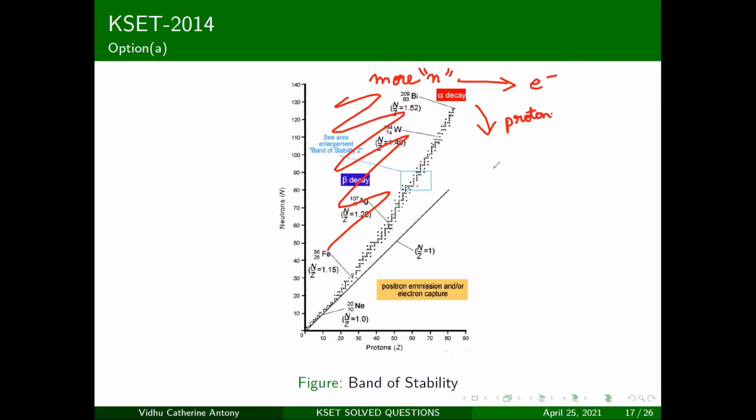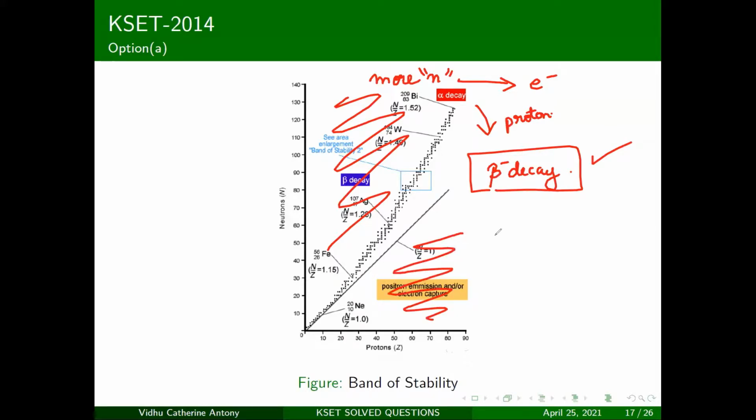So what does that basically do? That's beta minus decay, which is what's asked for in the question, and that's beta decay. Now, where the number of protons is more, it's below the band of stability, so they will try to go into the band of stability by decreasing the number of protons, converting them into neutrons, and again increasing the N by Z ratio.